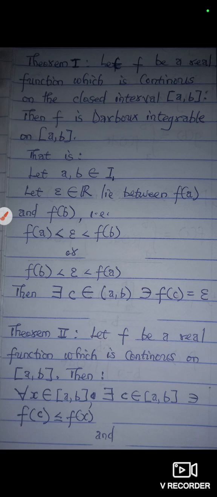Then for any x we choose that is in [a, b], there exists a point c. Remember, we are always talking about point c. So c is always in that interval. There exists a point c in that interval such that the function at c is smaller than the function at x. We also know that both x and c are in the interval.